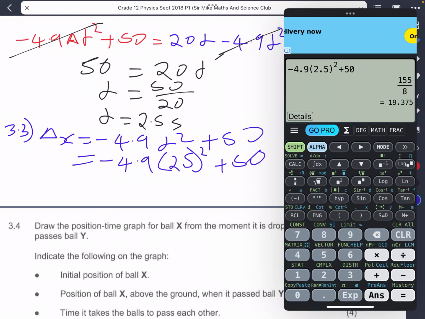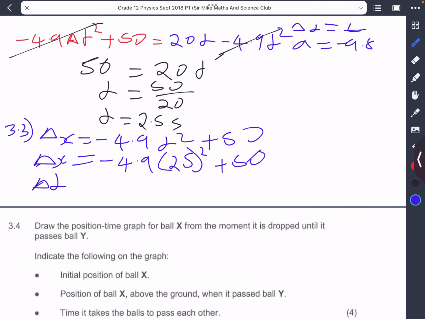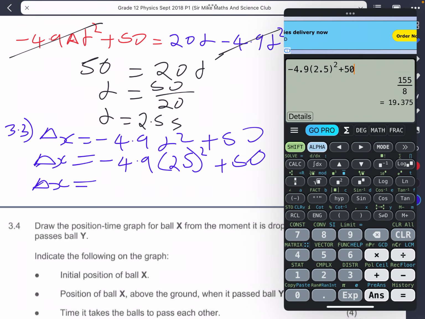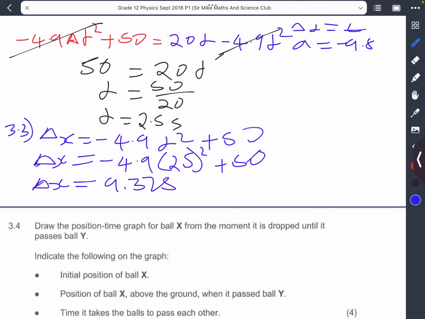So delta x will simply be equal to 9.375. So this would be 9.375.